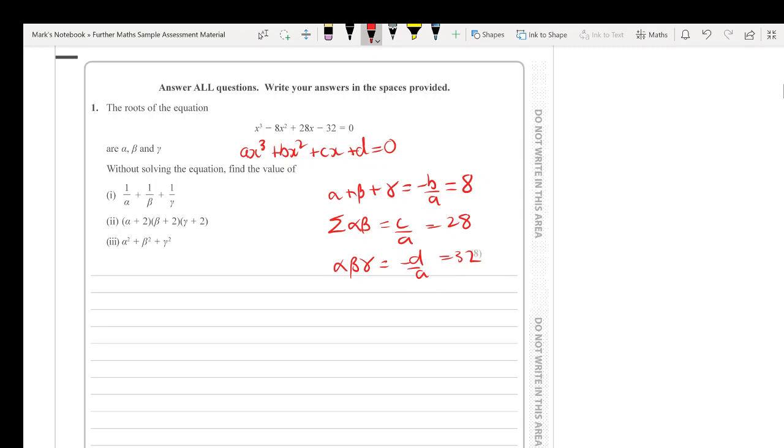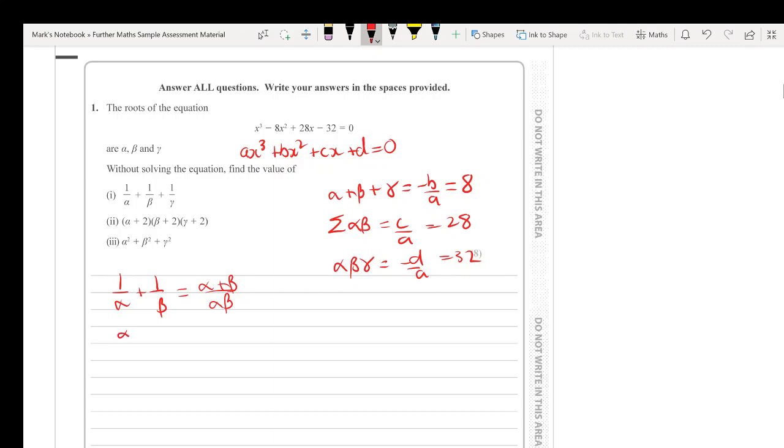So the first one is 1 over alpha plus 1 over beta plus 1 over gamma. So let's add those together. If we do 1 over alpha plus 1 over beta, that's the same as alpha plus beta over alpha beta.